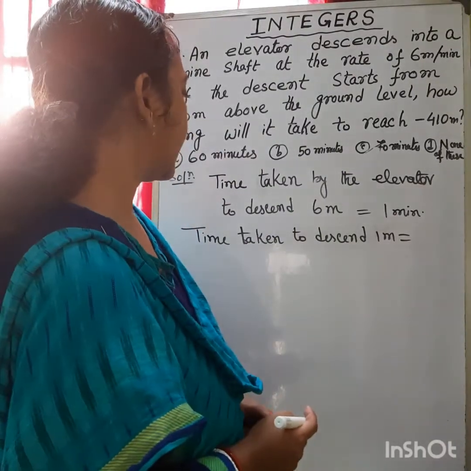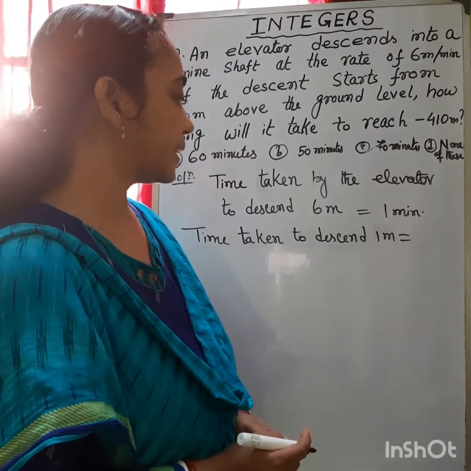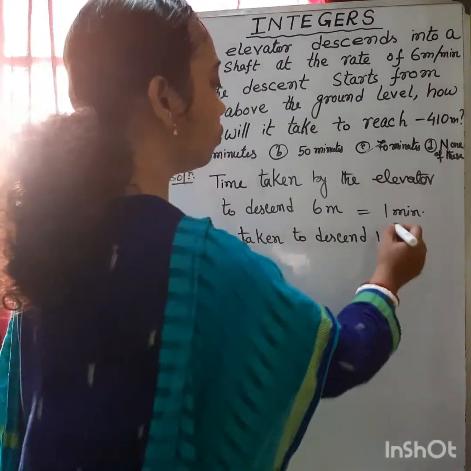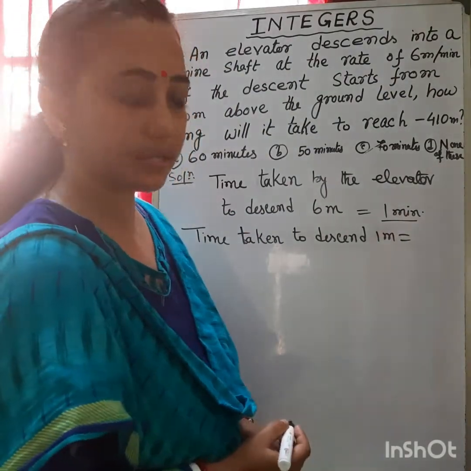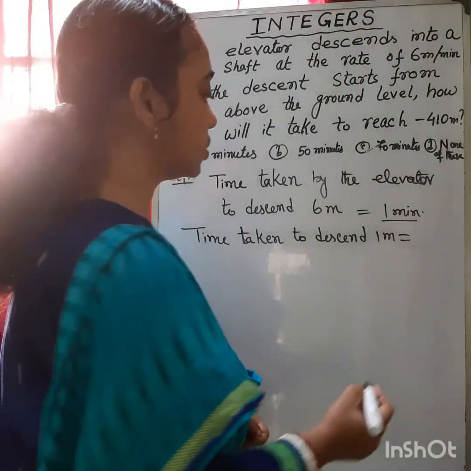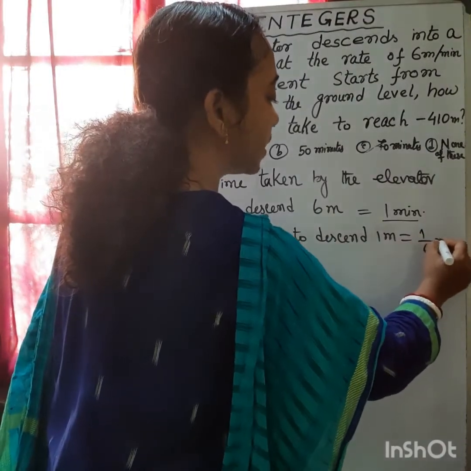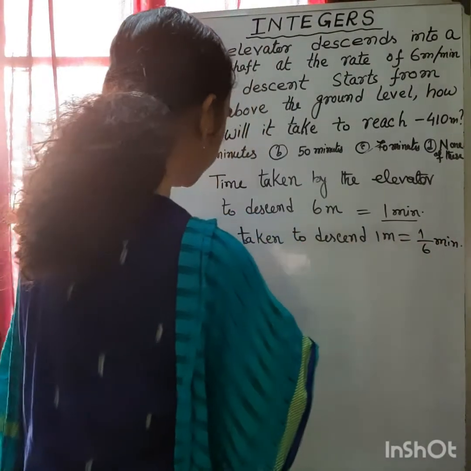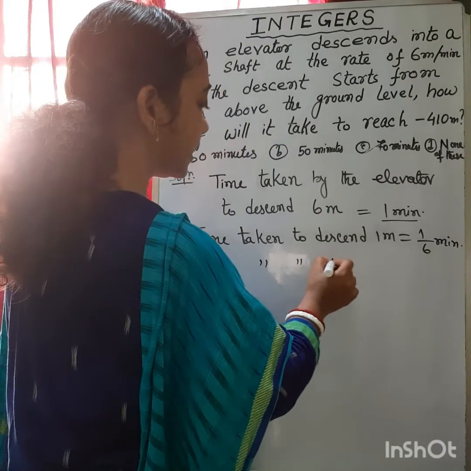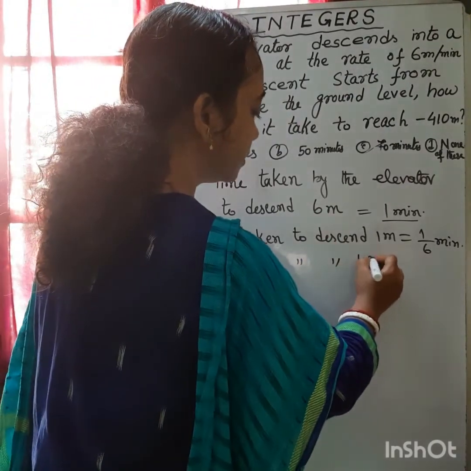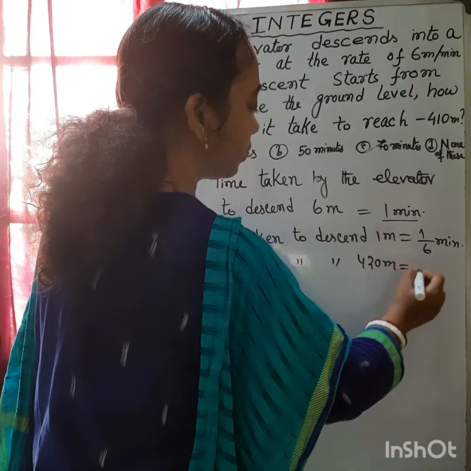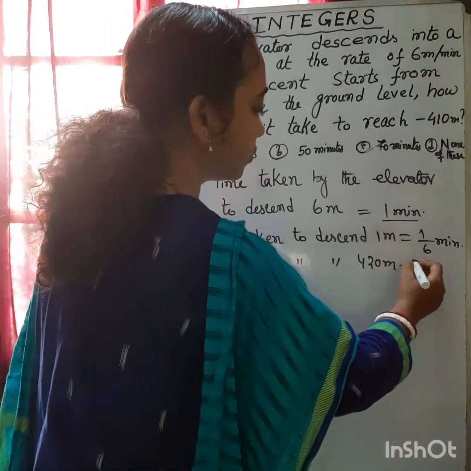Alternatively, we can say that the time taken by the elevator to descend 6 meter distance is equal to 1 minute. So the time taken to descend 1 meter distance is equal to 1 by 6 minute. Therefore the time taken to descend the distance to be covered, that is 420 meter, we just multiply both sides by 420.